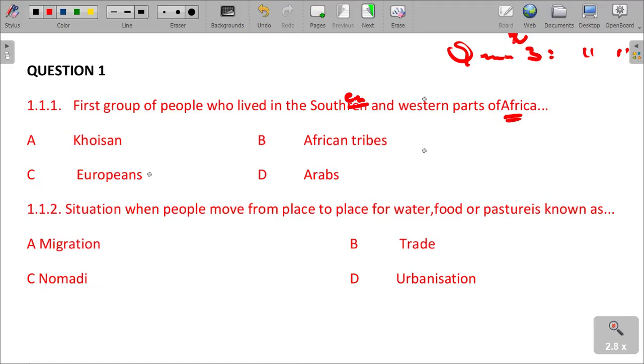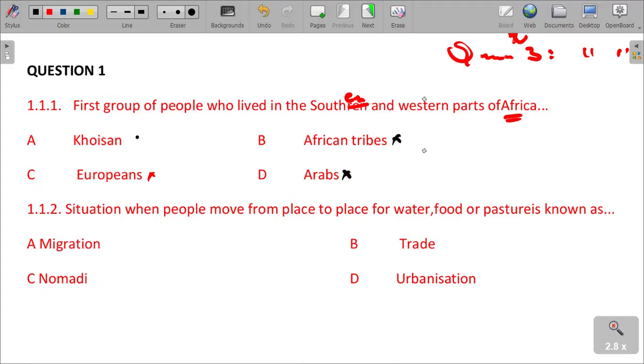We have the Europeans. We cannot talk about Arabs. Arabs did not come to Western and Southern Africa. African tribes, we cannot talk about that.